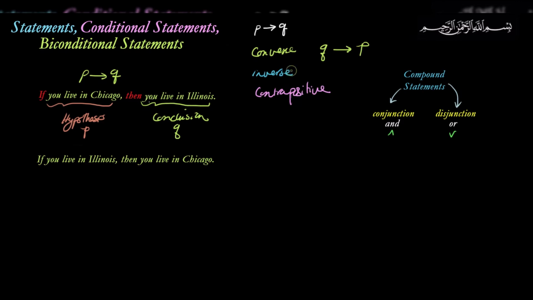The inverse is simply a negation of the statement. If the original statement is if P, then Q, then the inverse is if not P, then not Q. So the inverse of our particular statement will be as follows.